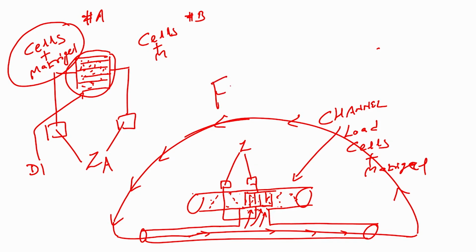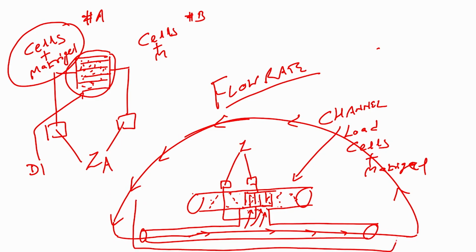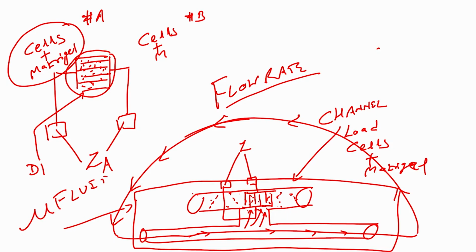The flow rate can be designed in such a way as to mimic the diffusion of the drug inside the body. So, this chip that we have designed is a microfluidic chip. The rectangle that I have shown is called a microfluidic chip.